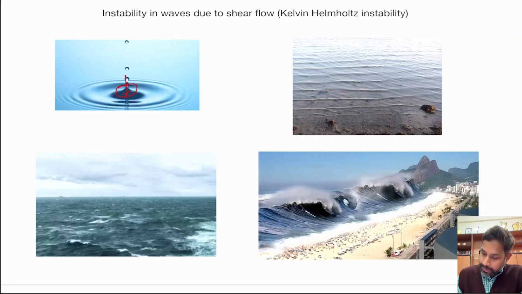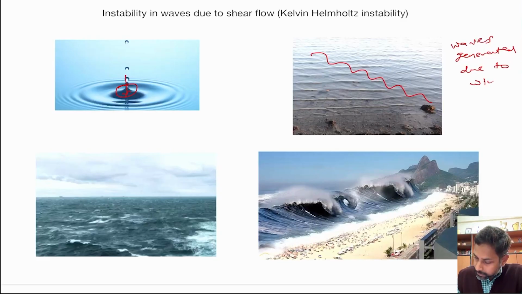And then in case 2, the waves that you see here are generated due to wind at the top. What's happening here is there is wind flow on top of water, and that is creating these waves.